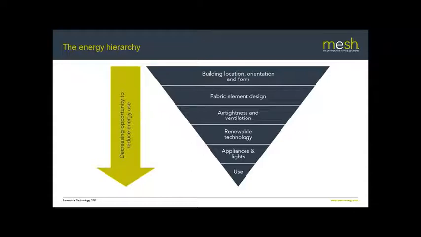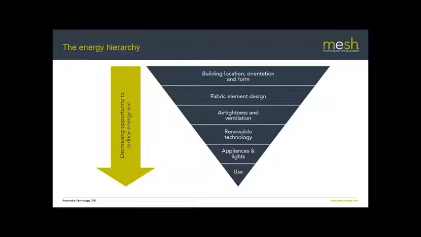Finally, we'll start applying renewable technologies to offset any remaining loads on the building. And then we look at things like appliances and lights. Appliances are key to understanding cooling, as the heat generated by appliances will provide part of the cooling load.